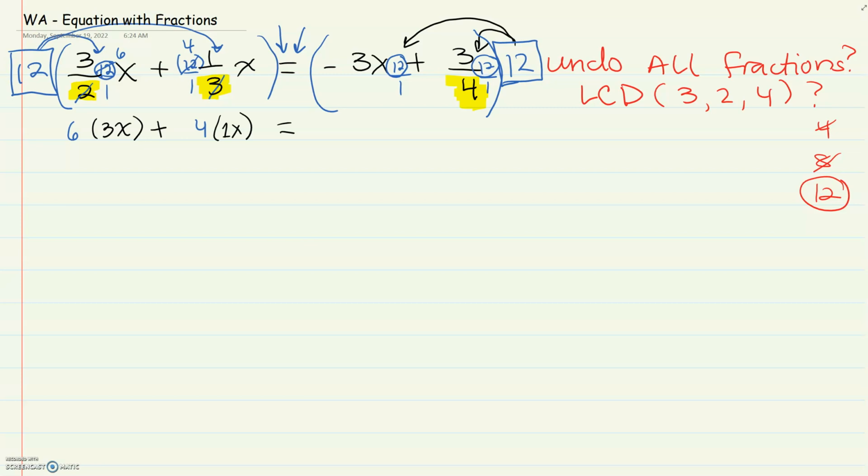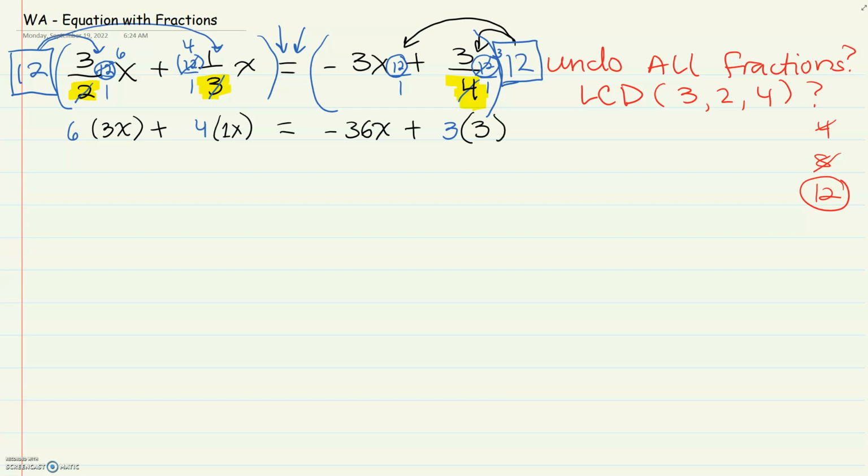So you can see here you will just have 12 times negative 3x, which is negative 36x, plus, well, how does that work here? 12 divided by 4 is 3. 3 times 3 is 9. So really you have 3 multiplied by what you had there, which is 3, right?